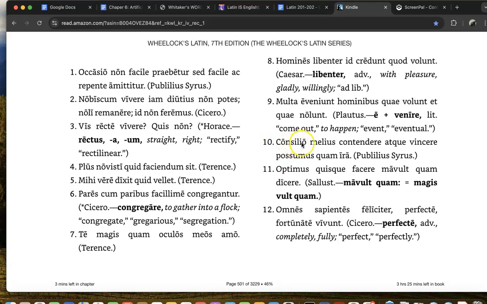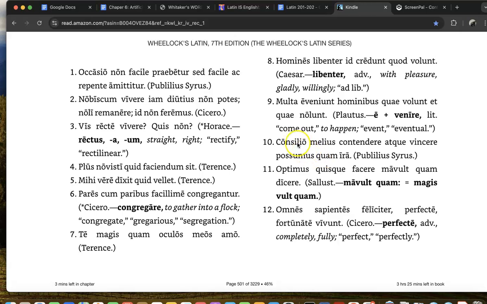Number 10, what's tricky about this one perhaps is we need to know what the subject is. And in this case, it's mus. So literally, with plan, better to contend and conquer, we are able than anger.